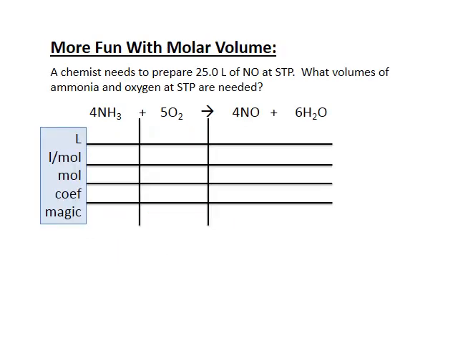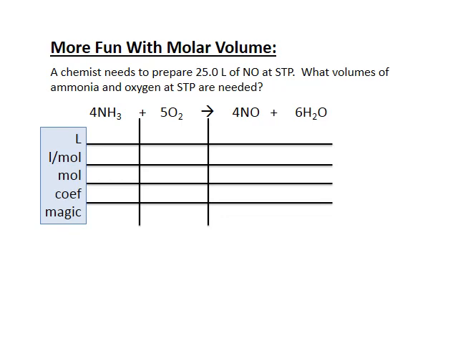So let's talk about more fun with molar volume. As I mentioned, we can do stoichiometry with this. So I need to prepare 25 liters of nitrogen monoxide at STP, and I'm going to do this by reacting, combusting basically, ammonia with oxygen. This is an interesting reaction.